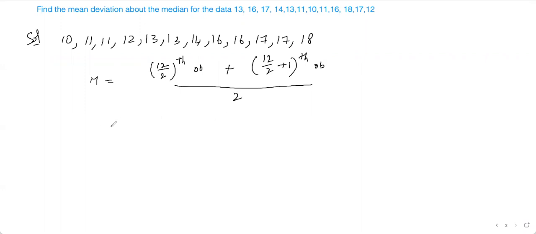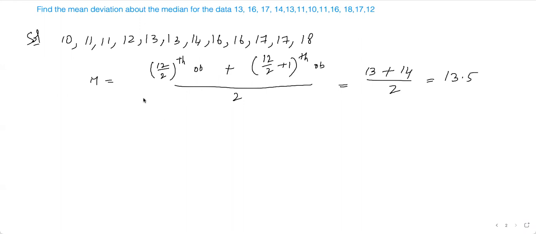That is the 6th and 7th observations. The 6th observation is 13 and the 7th is 14, so 13 plus 14 by 2 gives 13.5.